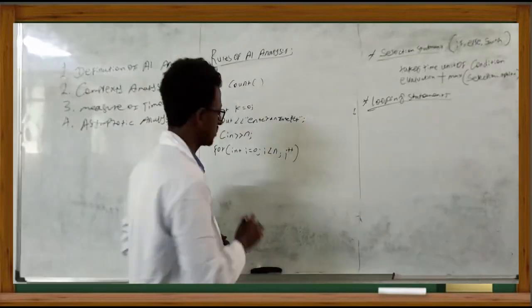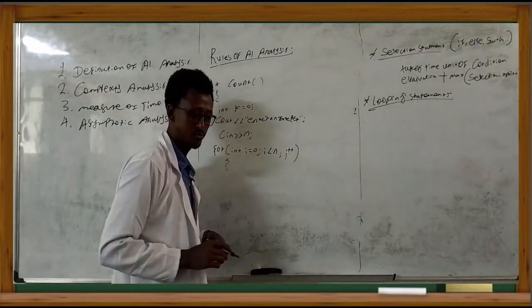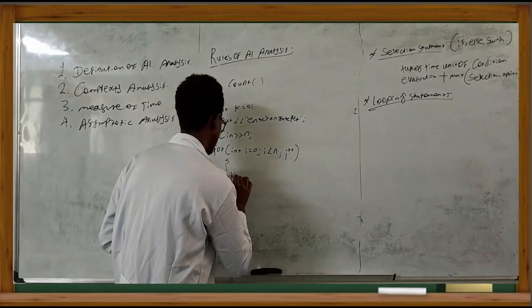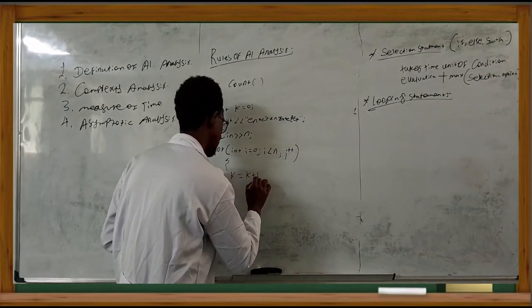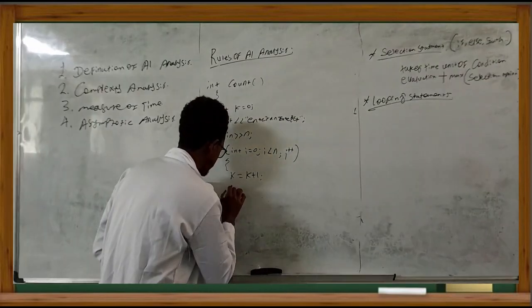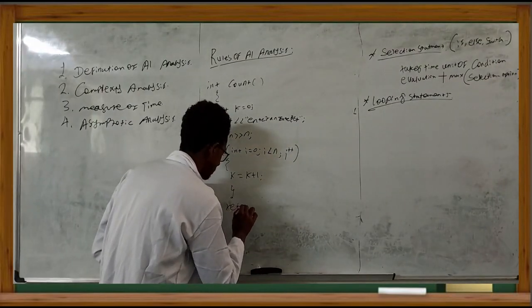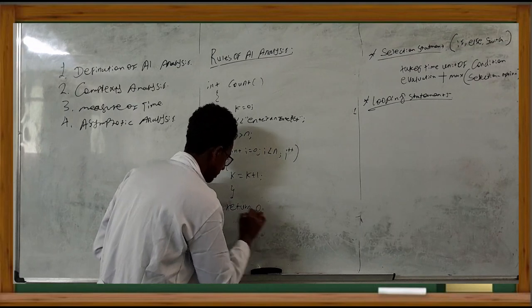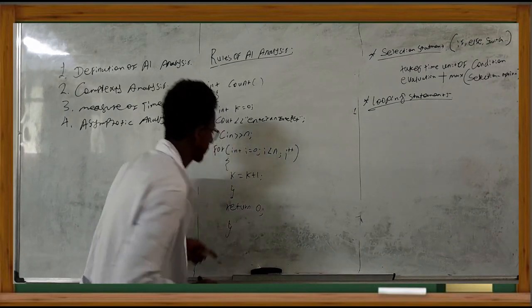Inside the for loop, k = k + 1, and finally return 0, then close your function body.